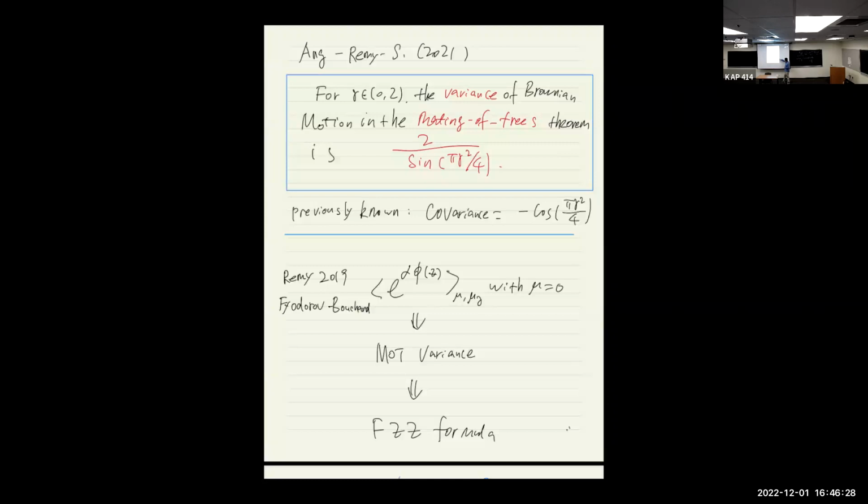And then based on Remy's result, using this cutting and gluing picture, we first get this mating trees variance, and then using this mating trees term together with this value, we complete the proof of this formula, which is this formula with mu not. So there is an interplay between these two kinds of integrabilities.